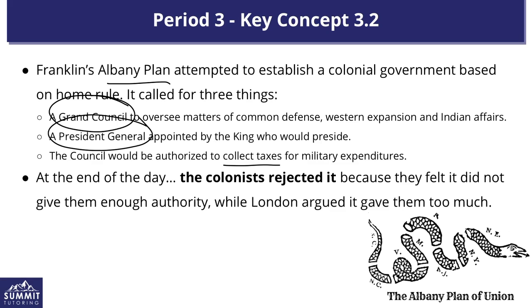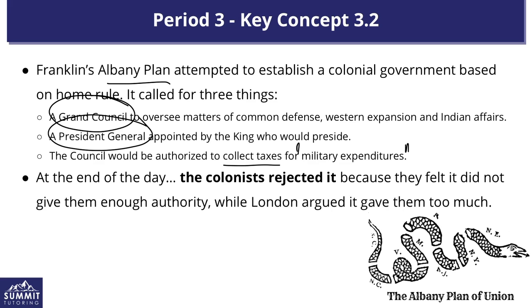And this council is going to be authorized to collect taxes for military costs, right? We're going to see that this council, in Franklin's eyes, should be able to collect these taxes from the states, or in this case, we still have the colonies, and the colonies aren't thrilled about that.